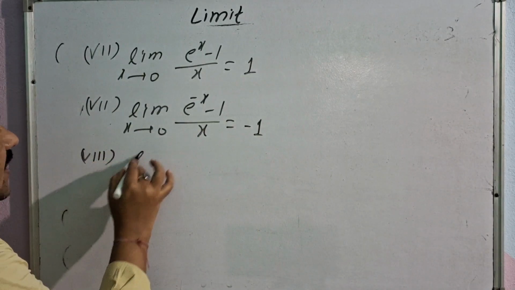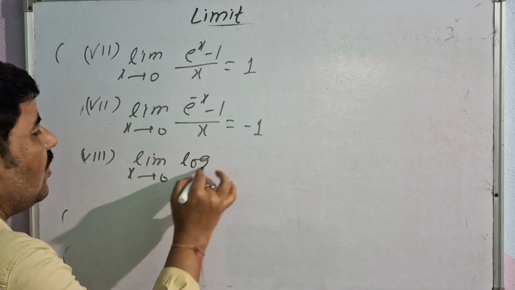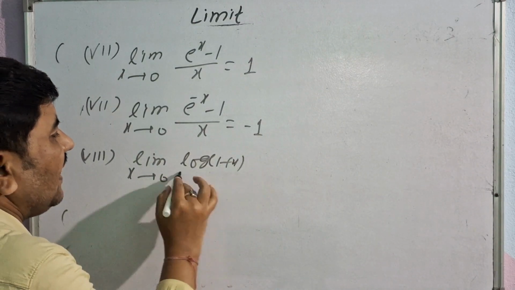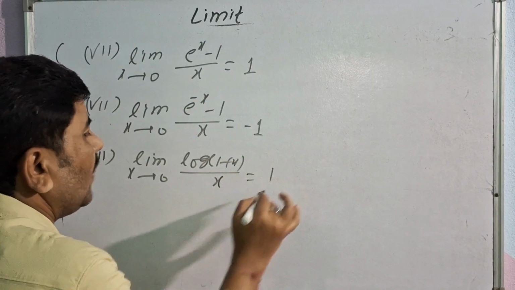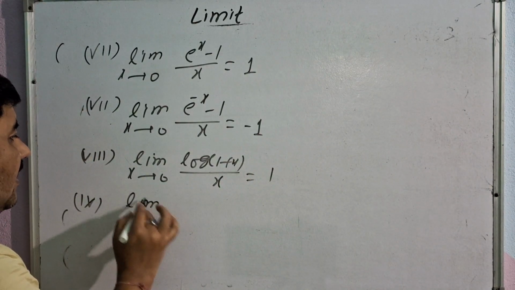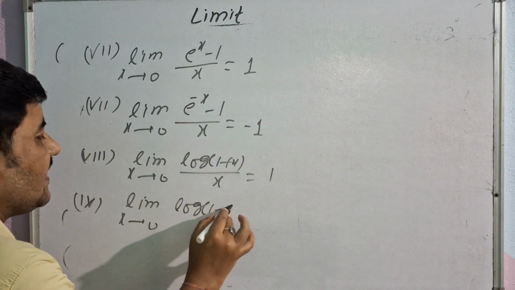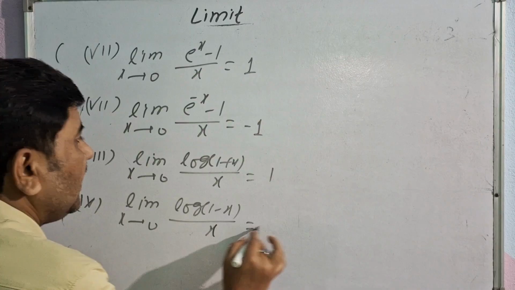Limit x tends to 0, log(1 plus x) by x equals 1. Ninth: limit x tends to 0, log(1 minus x) upon x equals minus 1.